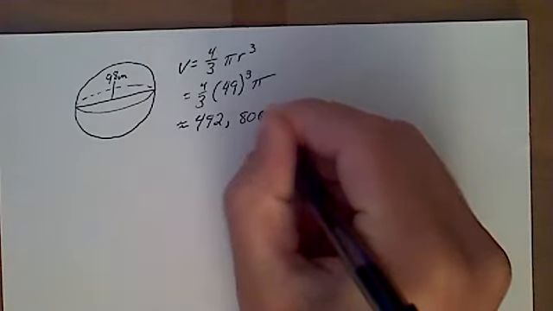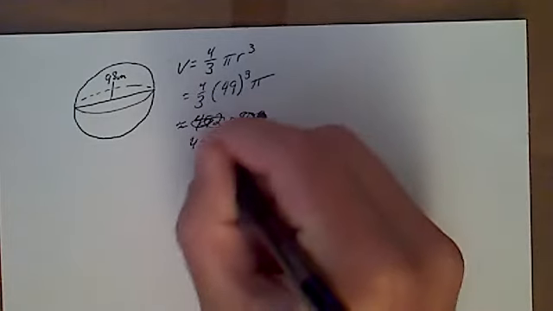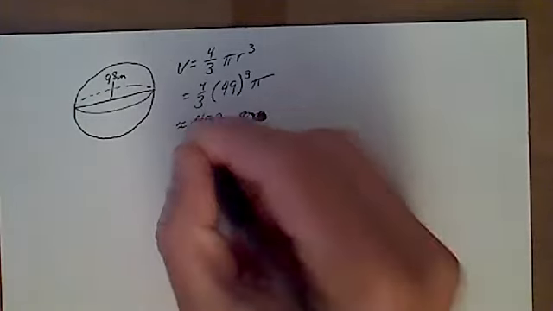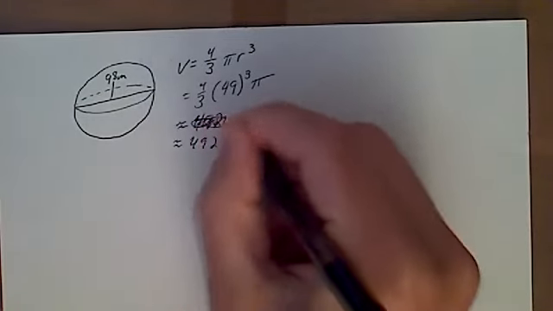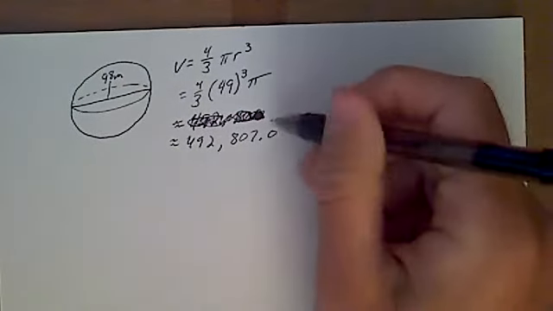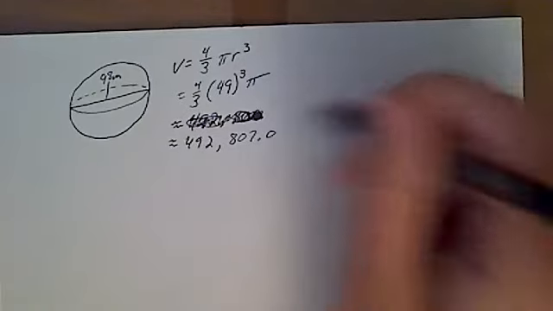And actually we're going to round to the 10th, so that's going to round up to a 7. 492,807.0. And that's because it went to 0.97. The 7 rounds up the 9, which actually rounds up the whole digit number.